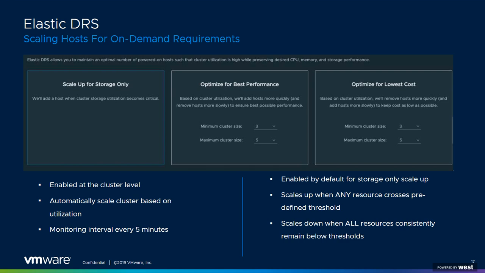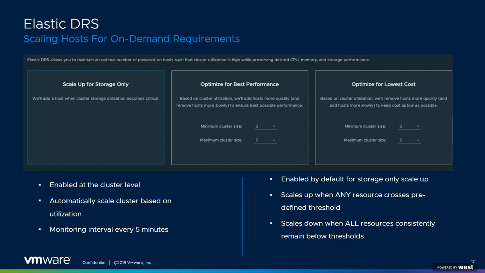And then as far as Elastic DRS, you have that ability to scale your host for on-demand requirements. So think about where maybe you need to scale up only for storage, maybe you want to optimize for best performance of your environment, maybe you want to optimize for lower cost. You have the flexibility to choose which scenario you want to adapt your environment to. So this is enabled at a cluster level.